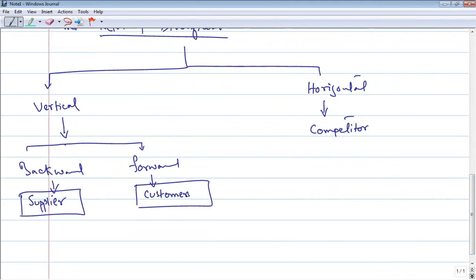So if you can quickly give me an example of horizontal integration or horizontal diversification.